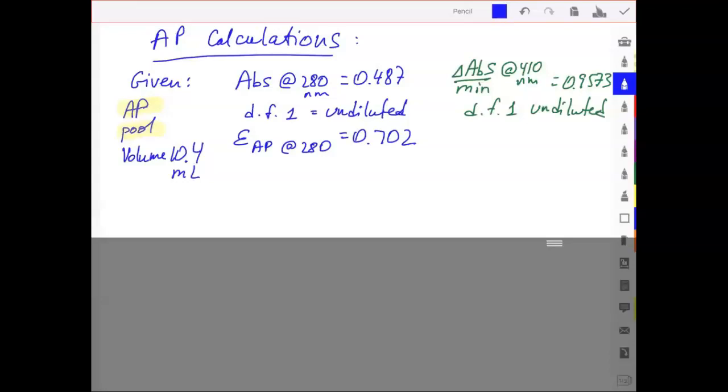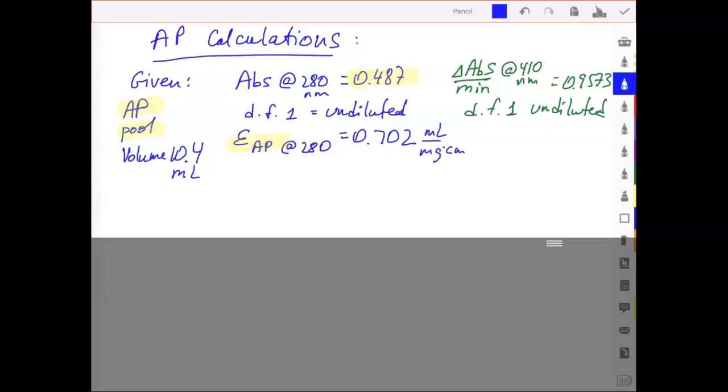Absorbance at 280 was measured, and the undiluted fraction was used for that measurement. And we also have absorptivity, in units of mL per mg centimeter. This absorptivity is predicted based on the amino acid composition of alkaline phosphatase.